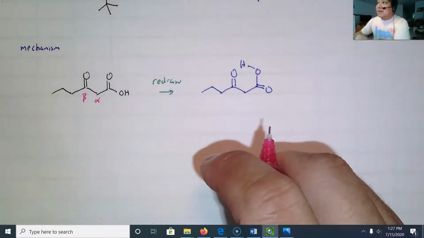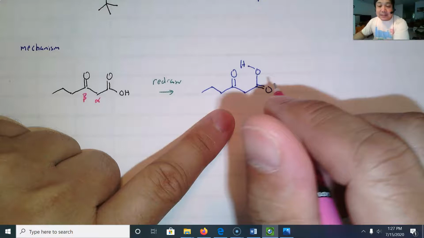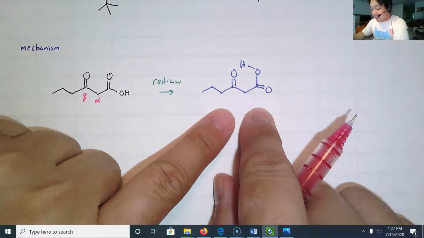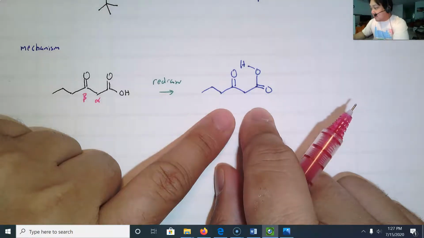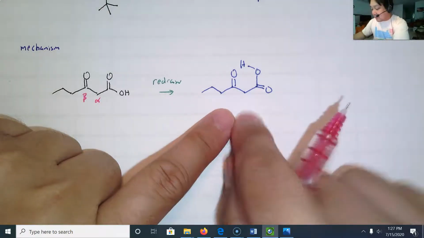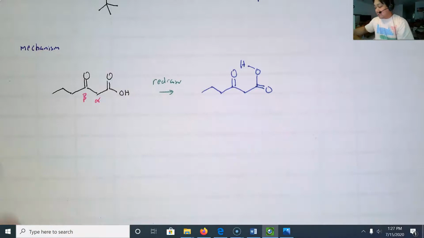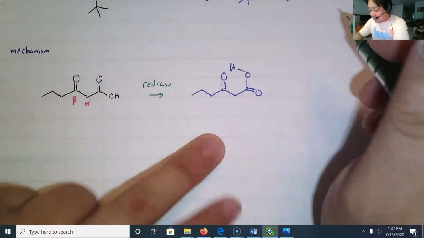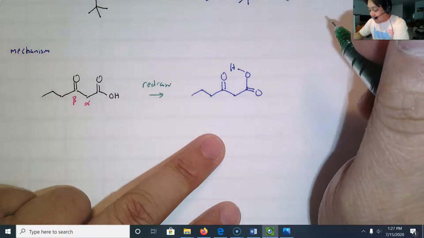Normally the textbook would say this is a six-membered transition state, or you're going to form a six-member transition state. I'm not going to draw the transition state. Well, this is what I'll do. I'll finish up the mechanism and I'll explain why this works.